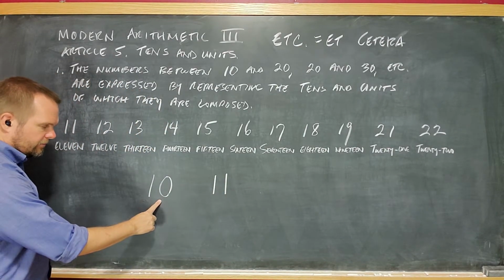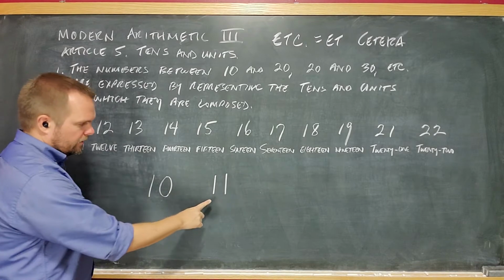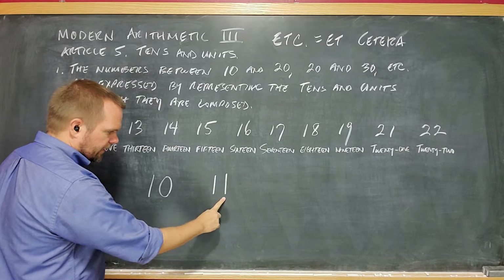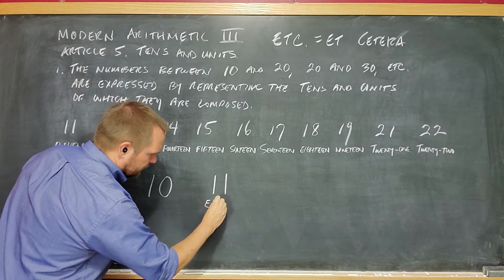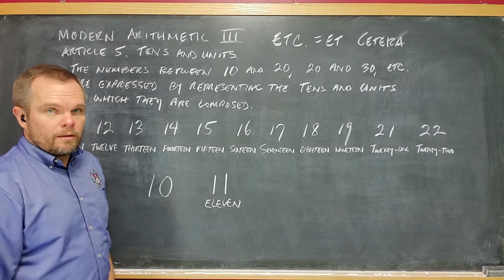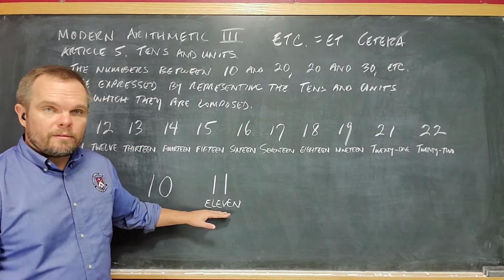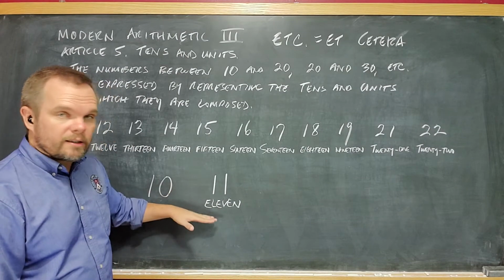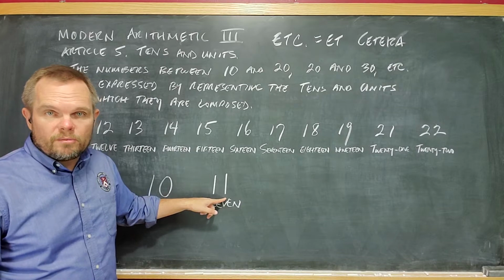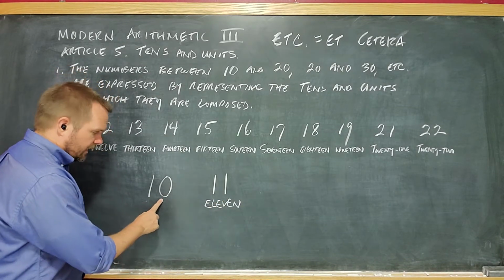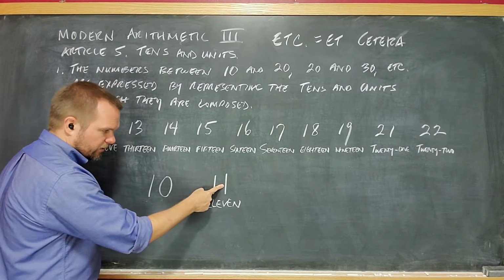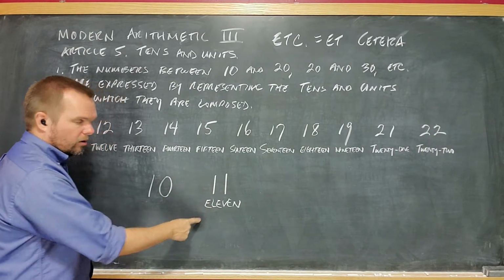So 10 plus 1 more unit gives us 1 ten and 1 unit. And the name of this number is 11. The number 11 consists of 1 ten and 1 unit. It's very simple. The number 10 plus 1 more unit makes 1 ten and 1 unit. And that number we call 11.